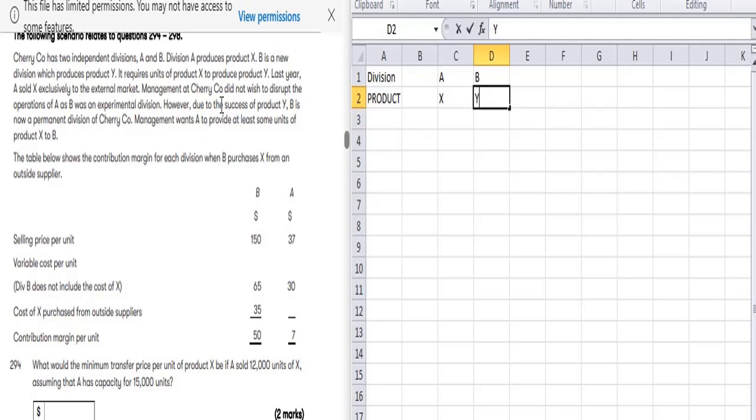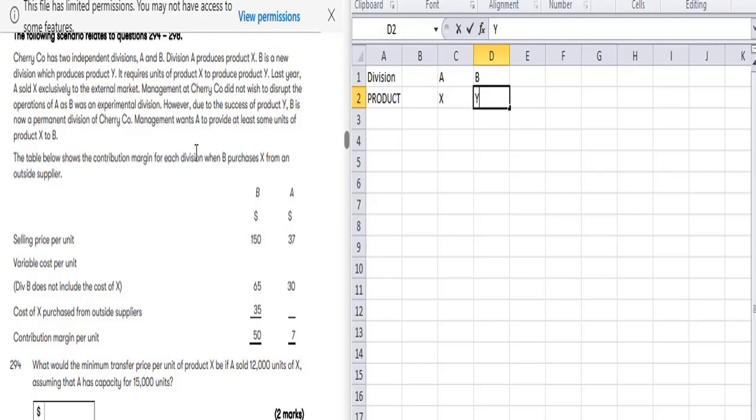Management at Cherry company did not wish to disrupt the operation of A, as B was an experimental division. However, due to the success of product Y, B is now a permanent division of Cherry company.